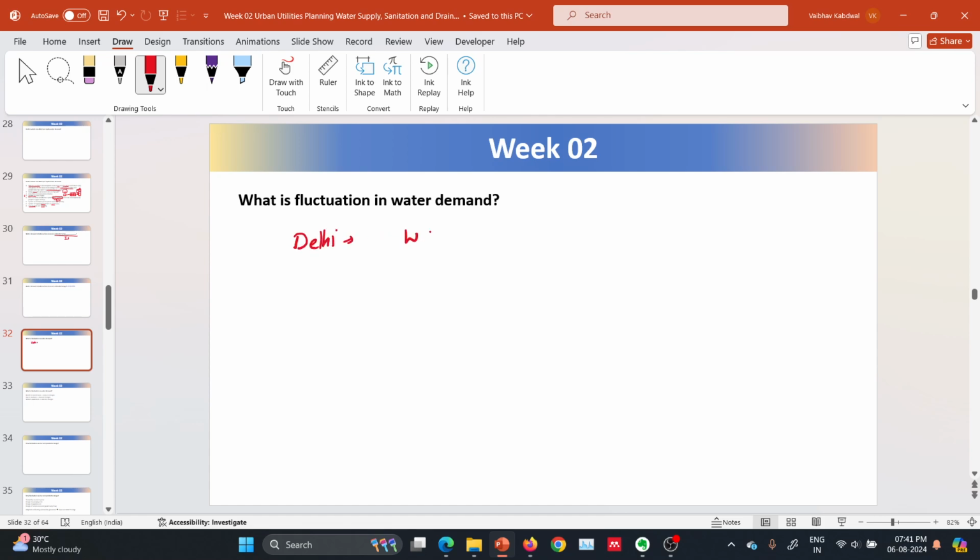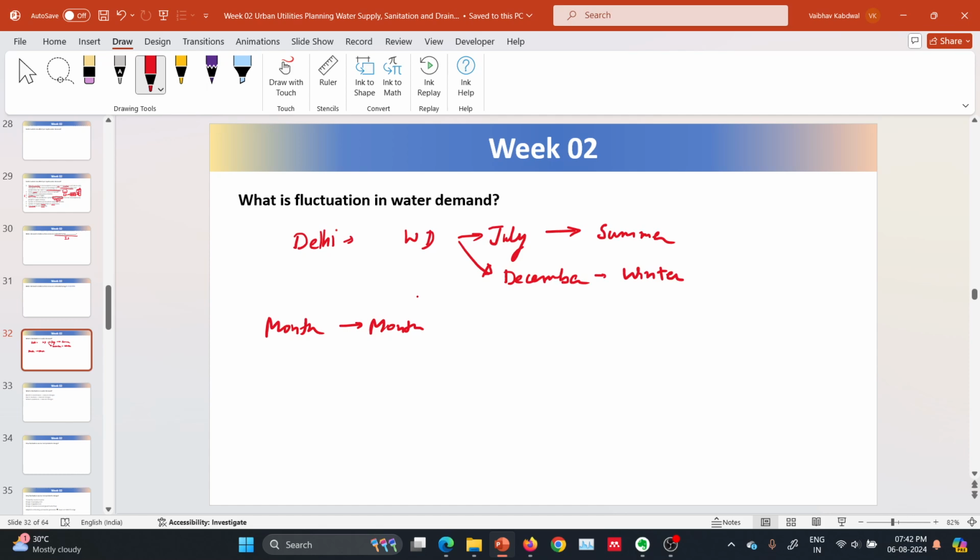The water demand in July, and if you see the water demand in December, from month to month the water demand will change because July is summer, December is winter.